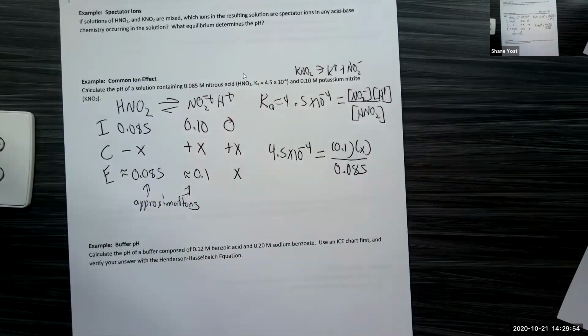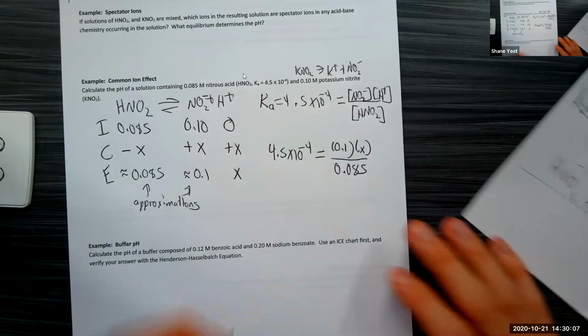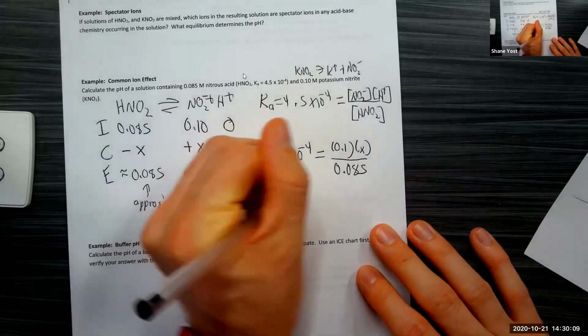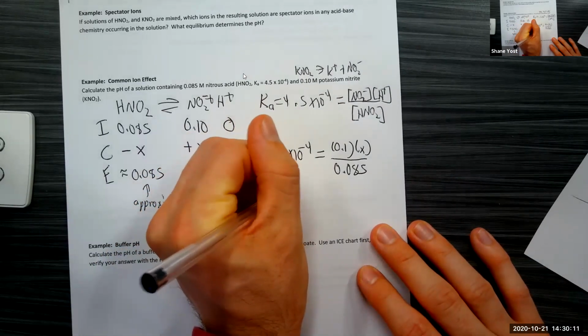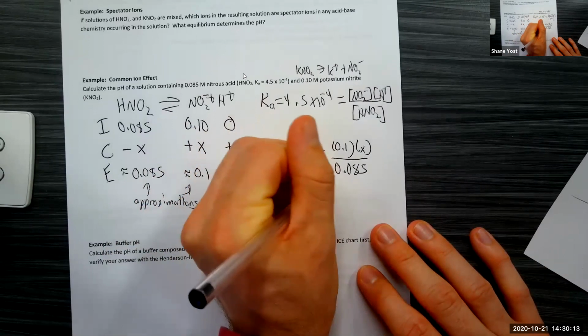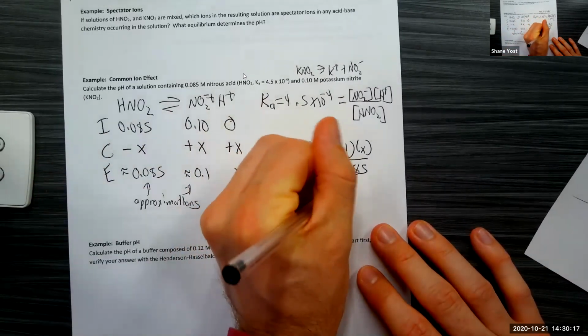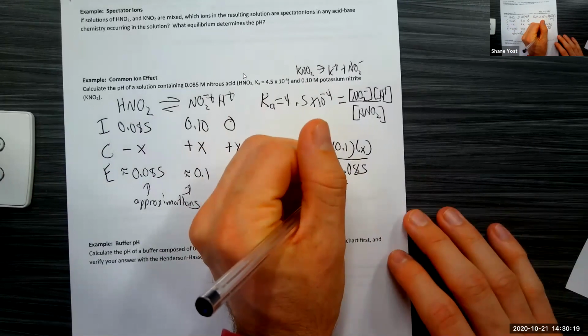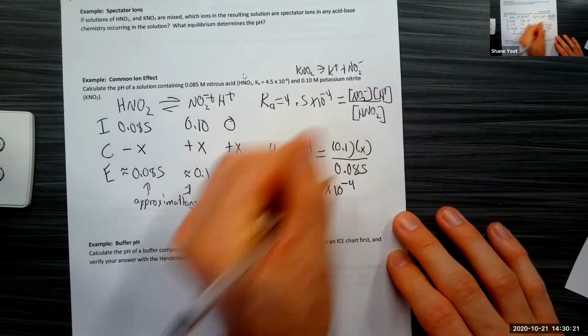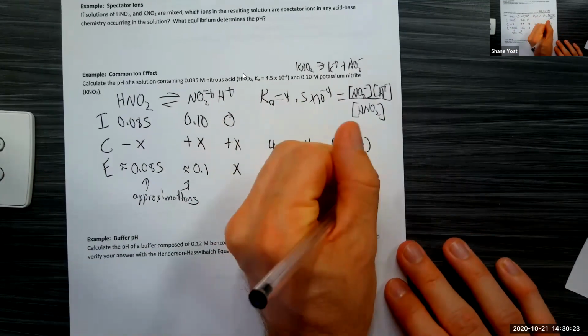And so going through all of that, you can solve for X here, and you will get that X equals 3.8 times 10 to the minus 4 molar.